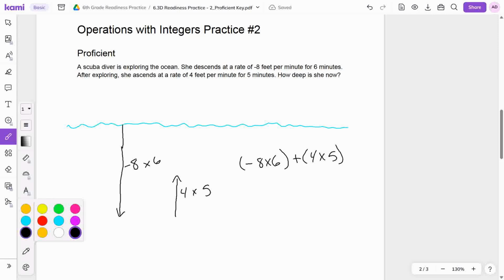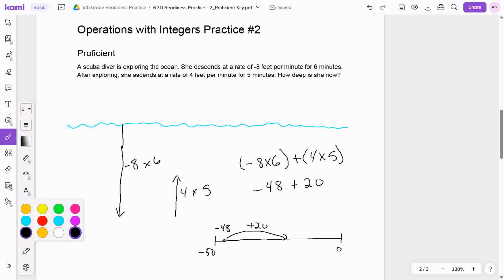So 8 times 6 is 48, so negative 8 times 6 is going to be negative 48. And then my 4 times 5 is going to be 20. So we need to look at our negative 48 and 20. We can look at that as a number line if we want to. Here's my 0, here's my negative 50. If I'm starting right here at negative 48, I'm taking a big jump and getting 20 closer.